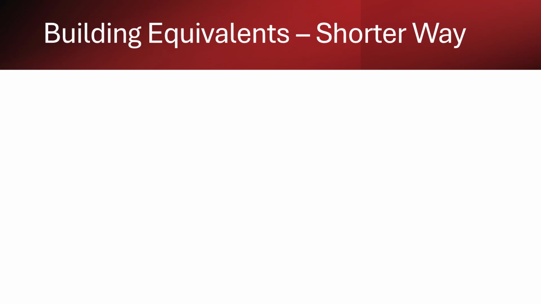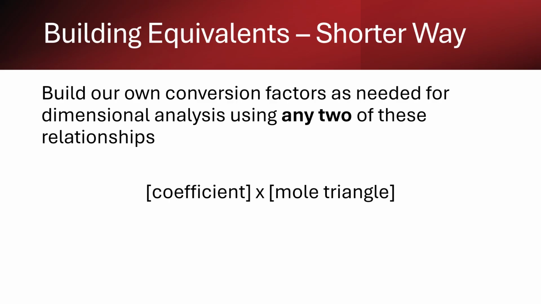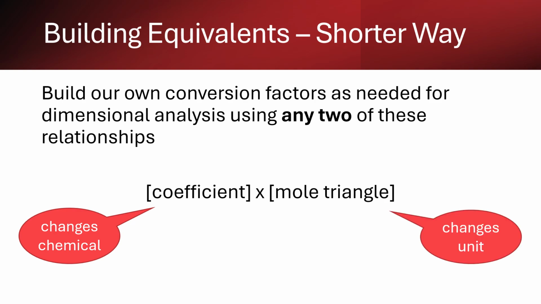If we're using the shorter approach, the alternate approach, the way we're going to build these equivalents is by taking the coefficient from the balanced equation times a quantity off of the mole triangle. Roughly speaking, throwing the coefficients in here is going to change the chemical. That's going to be our conversion factor for changing from one chemical to another chemical. And then whatever quantity we threw in off of the mole triangle is working on changing our units.